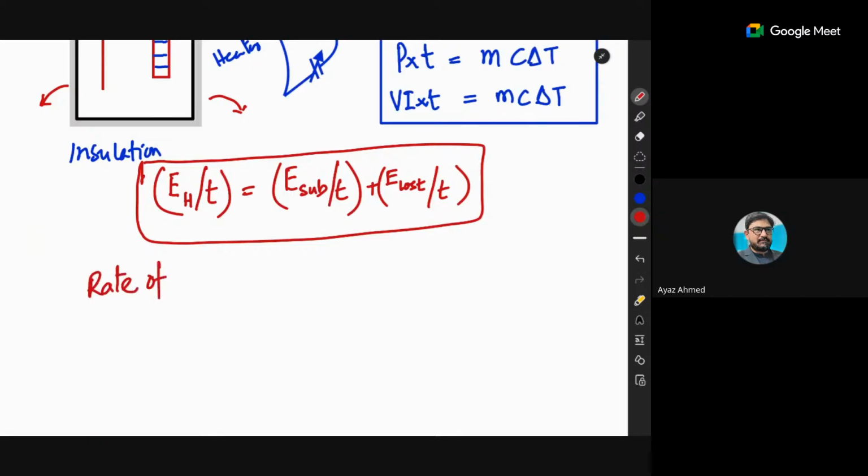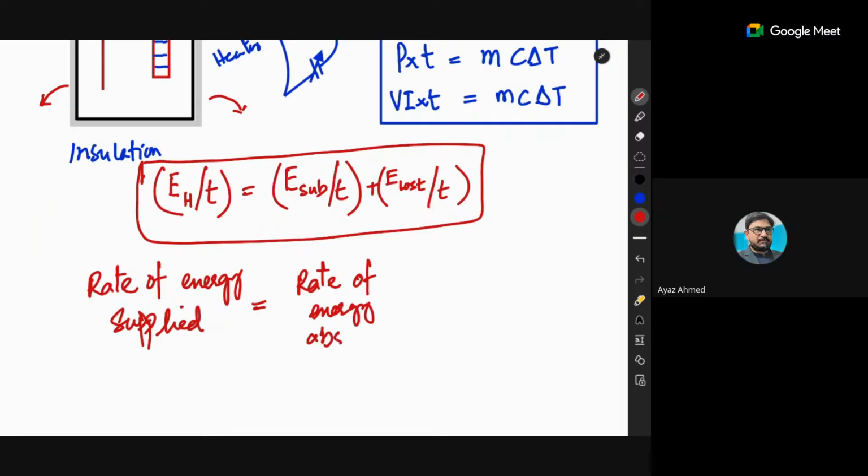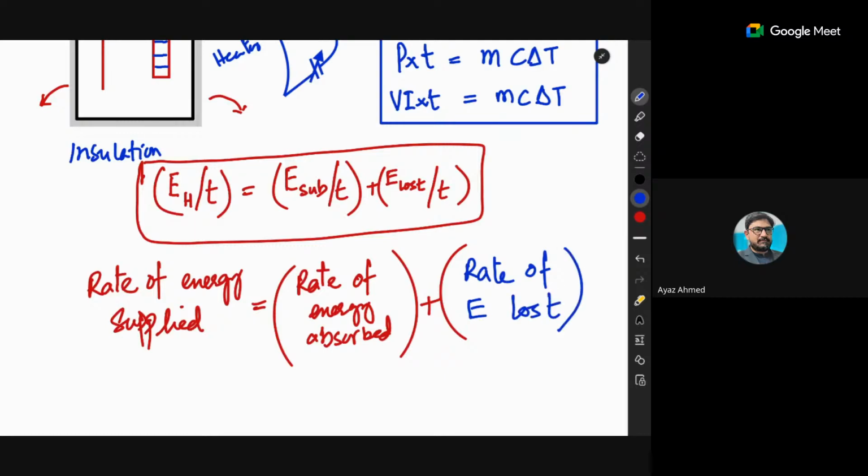Rate of energy supplied is equal to rate of energy absorbed by the system, plus rate of energy lost. Are you getting my point?